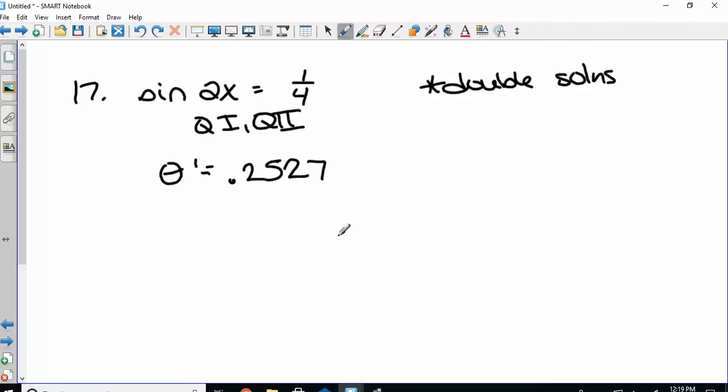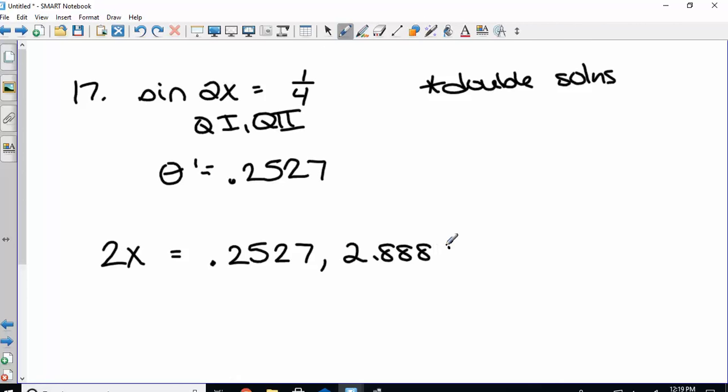Alright. Then in quadrant 1, your reference angle doesn't change. In quadrant 2, you would have to do pi minus that. But double solution, so we need 2 more. How do you get those?